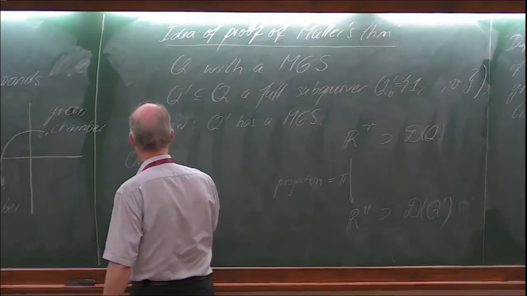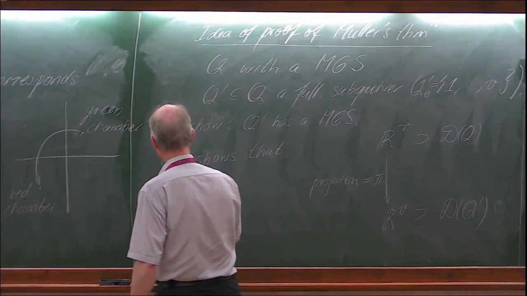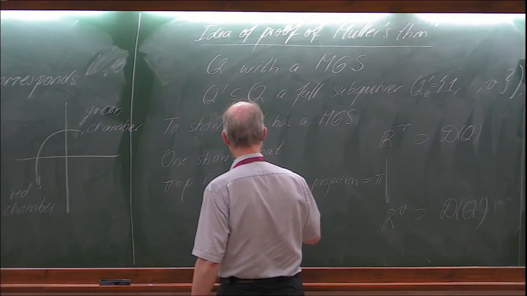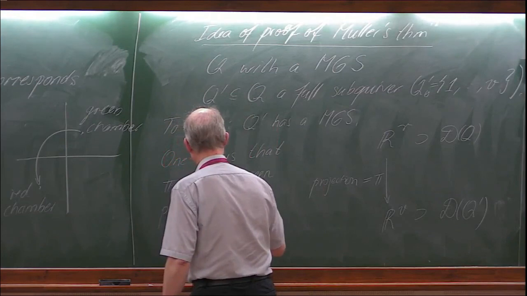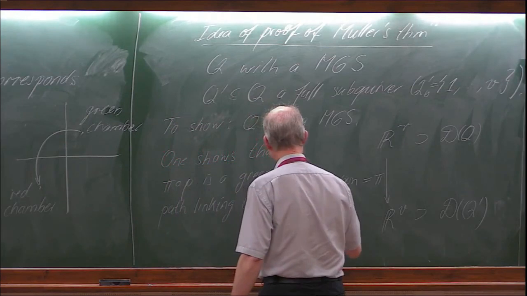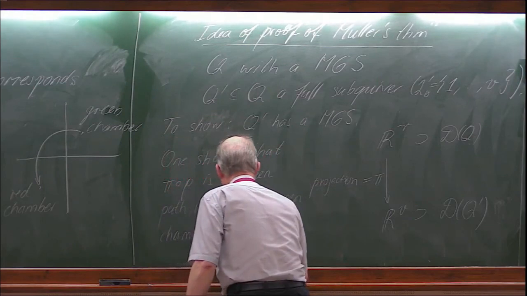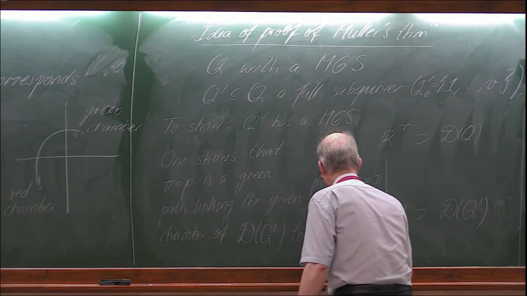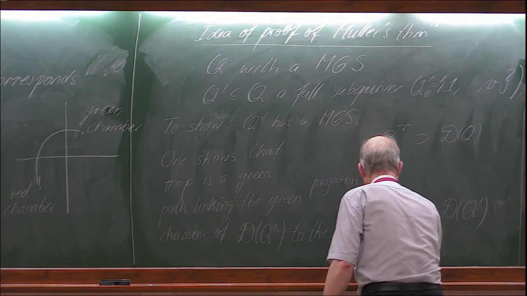So one shows that the path composed with P is a green path linking the green chamber of the scattering diagram of Q' to the red chamber. Yes, this is Muller's proof.